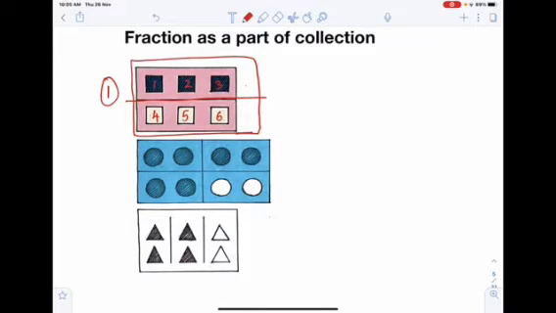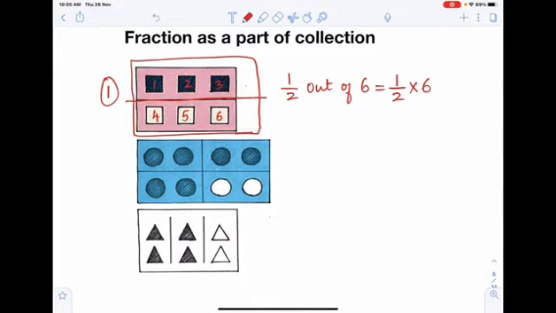So how do I represent it? Half out of how many squares? 1, 2, 3, 4, 5, 6. Out of 6 squares is being shaded. So what is the fraction that I get? See, I am multiplying it with 6.